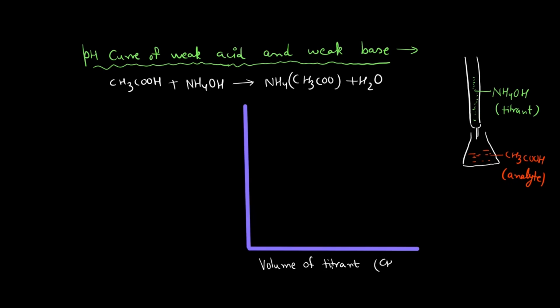Titrant is ammonium hydroxide, volume in milliliters. And on the y-axis I am going to plot the pH scale, and this is the midpoint of the pH, 7, and I draw a line to represent my neutral pH line.